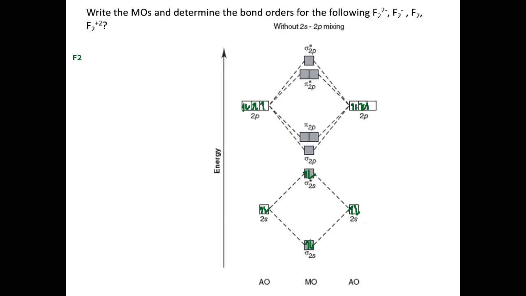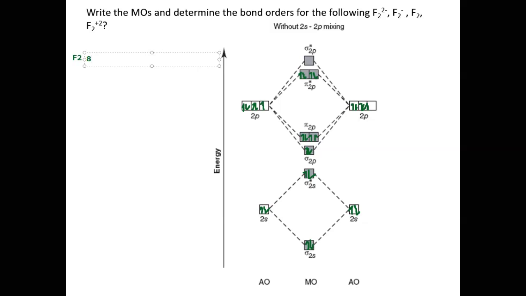So we got 1, 2, 3, 4, 5, 6, 7, 8, 9, 10. So the bond order for F2: we have 2, 4, 6, 8.